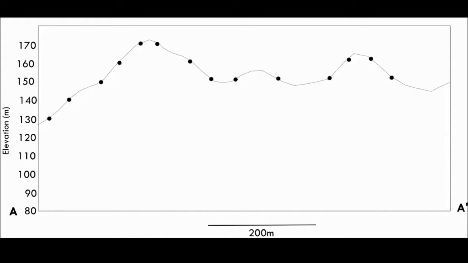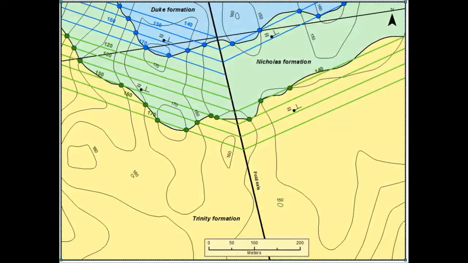So the next thing to do is go back to our map again and mark on places where this profile line that we've drawn crosses geological features. We've done the landscape features, we need to do geology now. In this case it crosses a contact here, and it crosses the same contact over here. So there's 2 points.